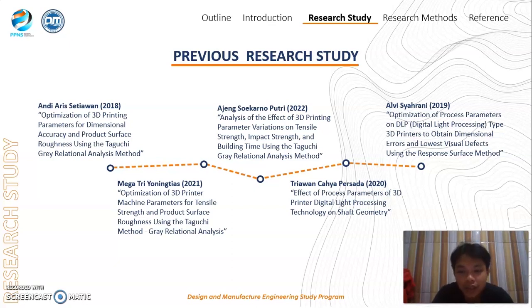Number 2, Megatri Olimpias with the title Optimization of 3D printer machine parameters for tensile strength and product surface roughness using the Taguchi gray relational analysis method. And number 3, number 4, and number 5 you can read on the screen.